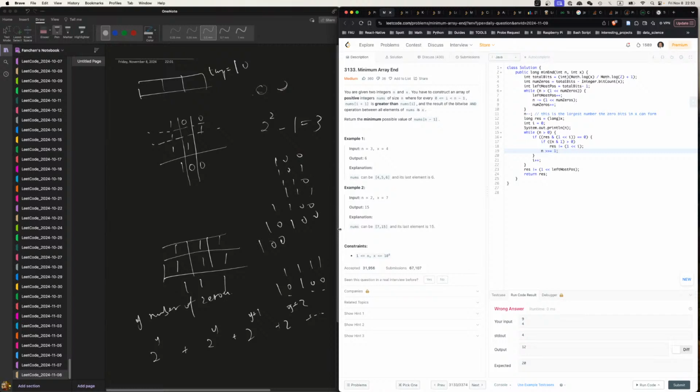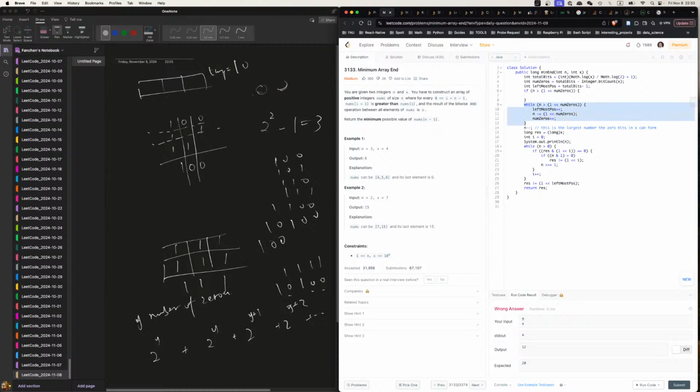We do have to do it two ways, unfortunately, because this is kind of two different ways. Okay, so we do have to do, let's say, if n is smaller or equal to one left shift num zeros. No, I think you should say if n is larger than. Put this inside.